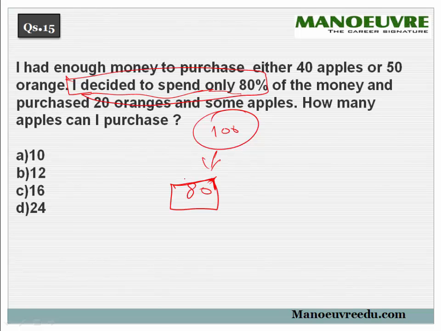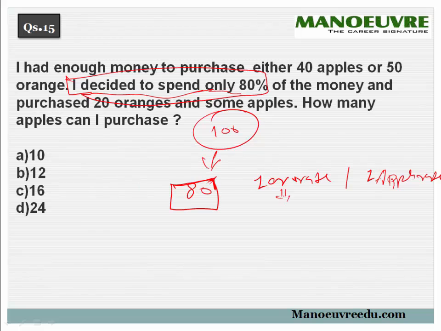Now they are saying either you can purchase 40 apples or 50 oranges. So I can find out the one orange rate and one apple rate.